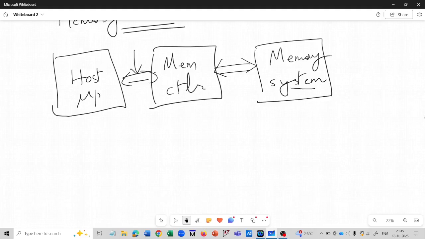And to keep matters simple, we will restrict the transactions to just a read transaction into a single location.